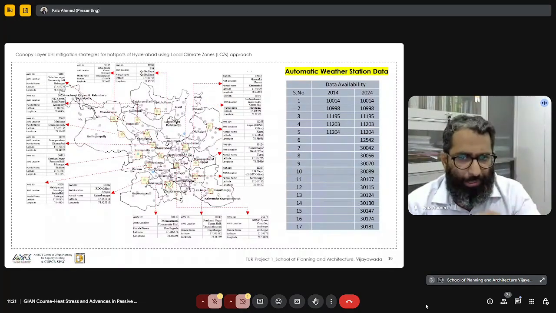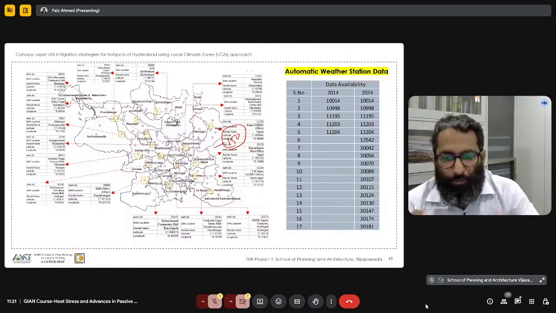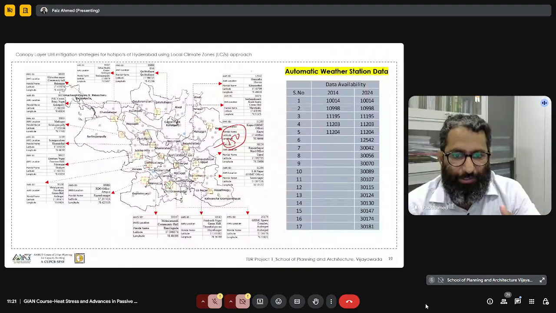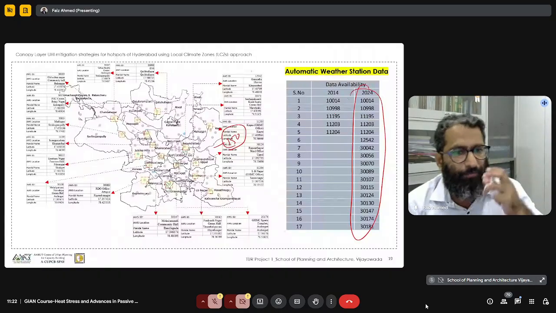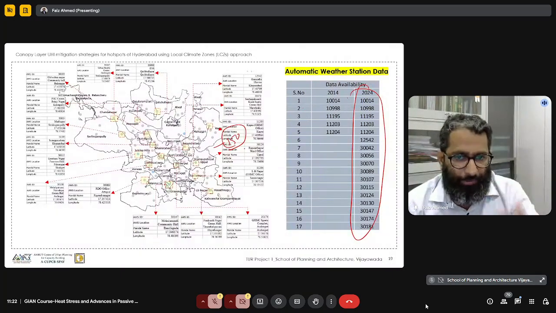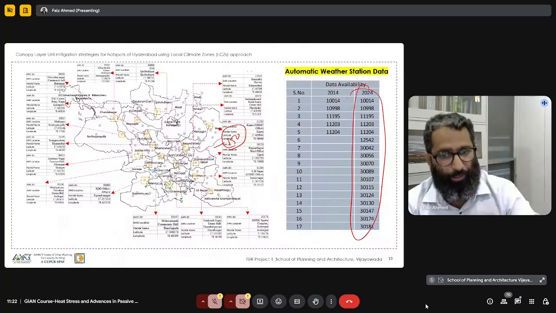Fortunately, there were about 150 weather stations in the city of Hyderabad. So we could purchase these data from different weather stations, the live data, and then we used it for validation of our work.